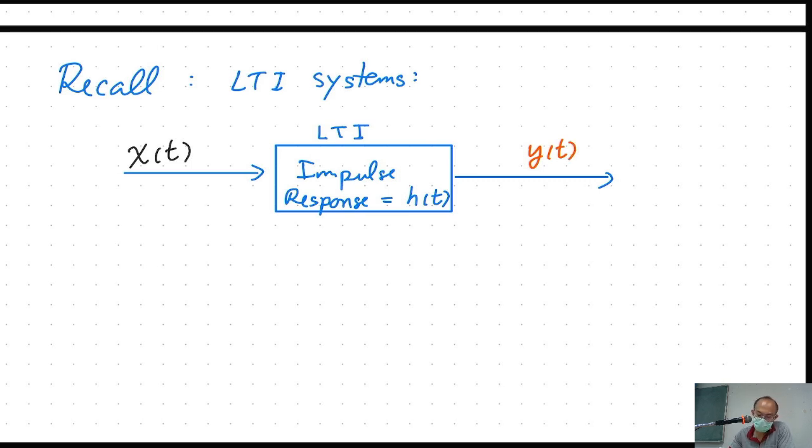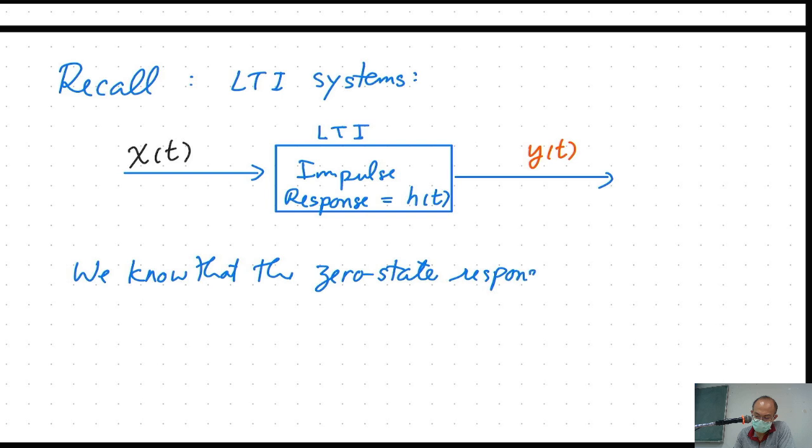Then we know that the zero state response is y(t) equal to x(t) time convolution with h(t).